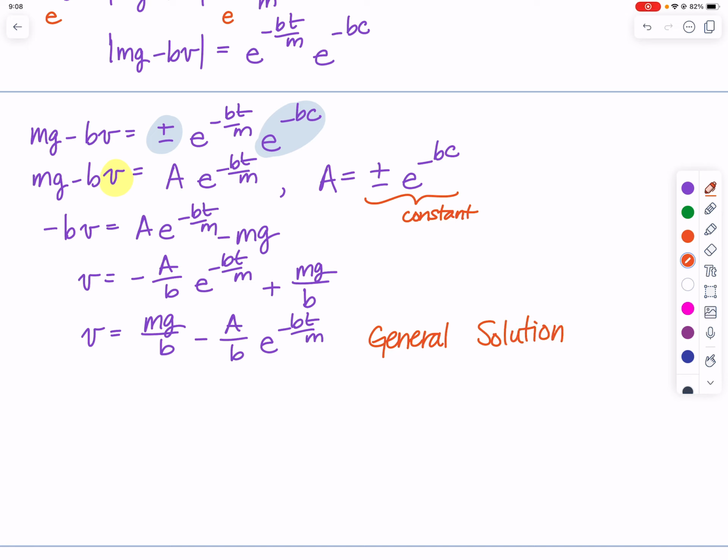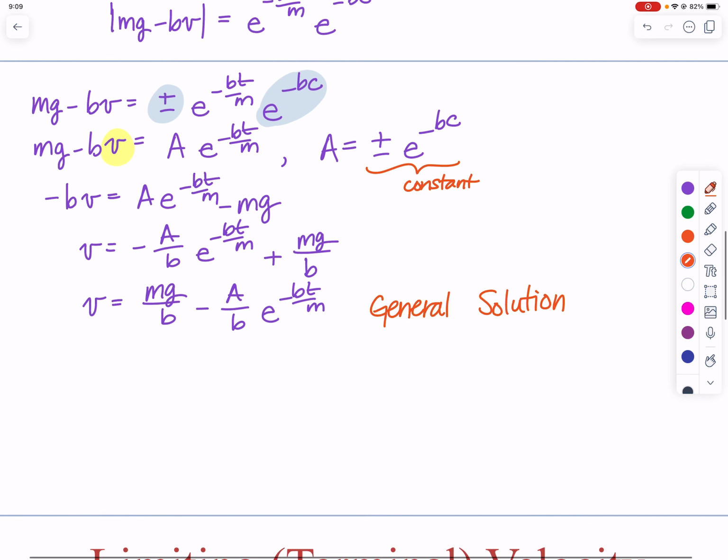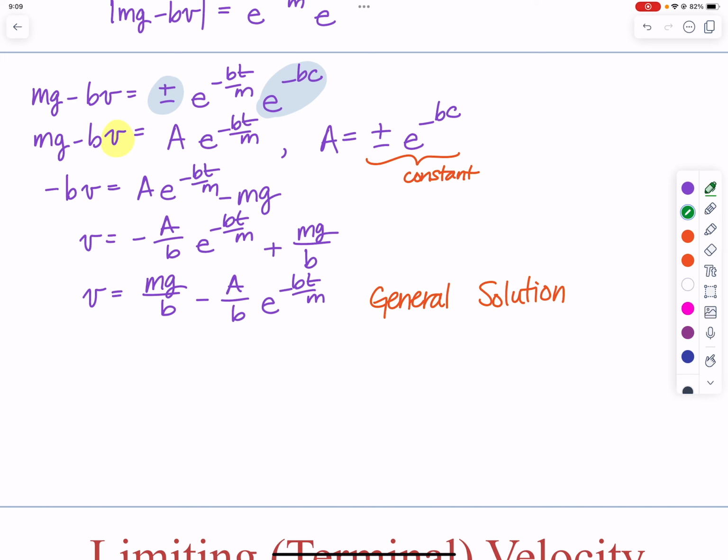And this solution represents every solution to the differential equation. Every solution can be represented in this manner. Now, let's try to solve for A, and we are going to use v of 0 equals v naught.